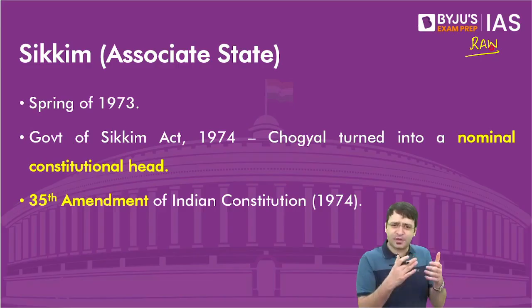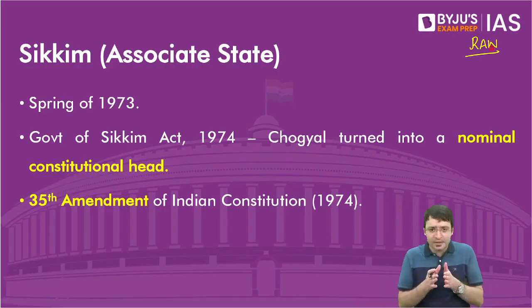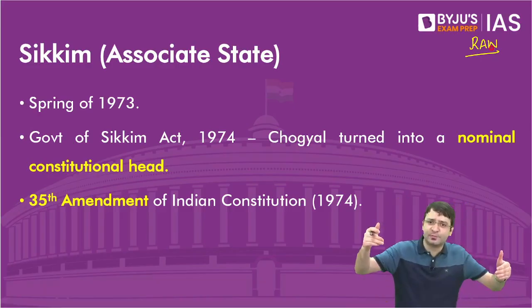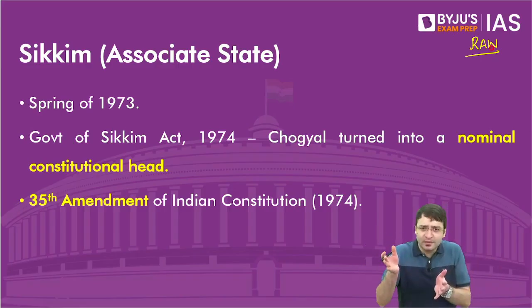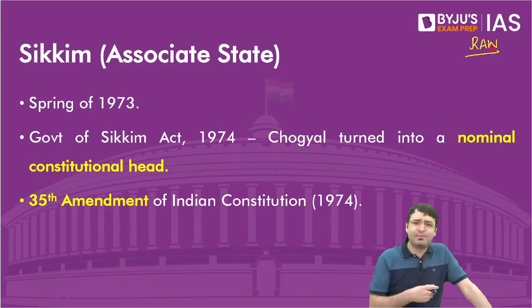Protests continued. Ultimately, India entered into the picture and started negotiation. Now, there were three parties to this negotiation: India, the protesters, and the institution of monarchy, Chogyal. India persuaded Chogyal that you should organize elections in Sikkim so that people can have a sense of democracy.